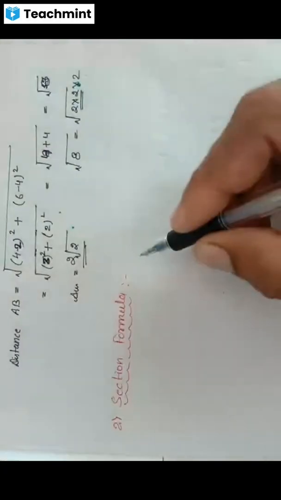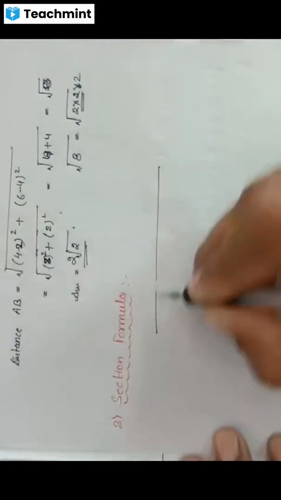Now you can see, formula number 2 we are going to have. That formula is your section formula. We will see what it is. Section formula is used to divide a line segment into given ratios. For example, suppose we have a line.